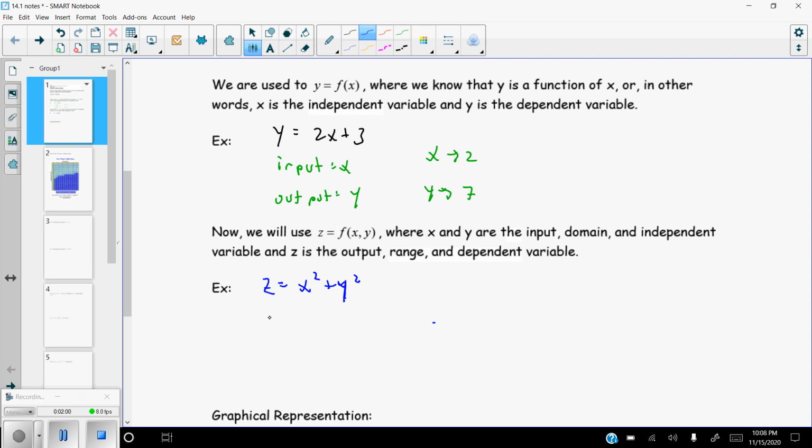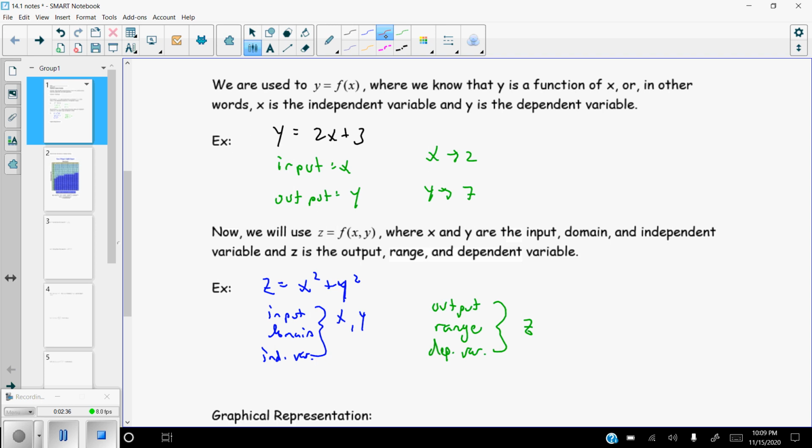So once again, your input is going to be x and y. Remember, input is the same as your domain, which is also your independent variable. And then your output, which is the same as your range or your dependent variable, in this case is z.